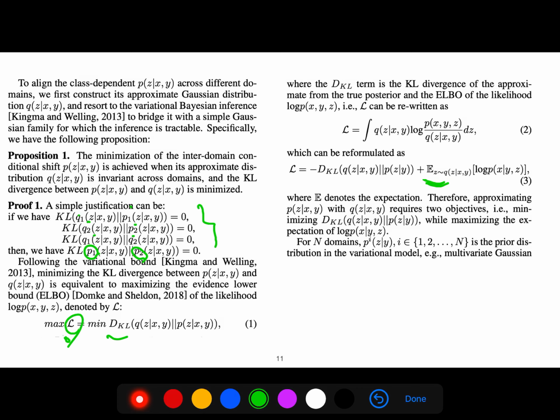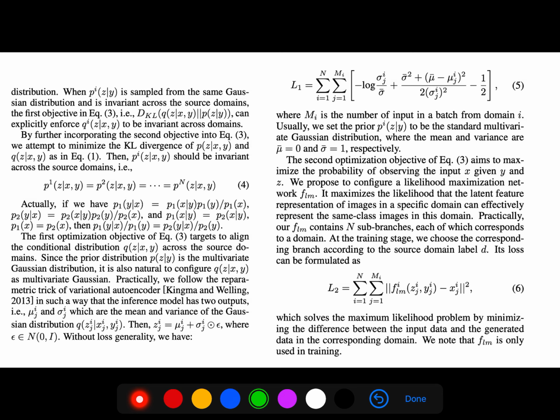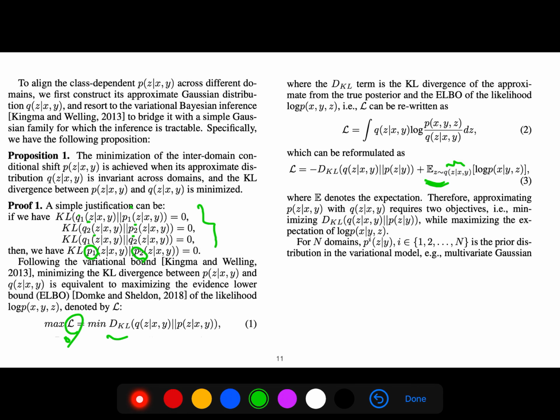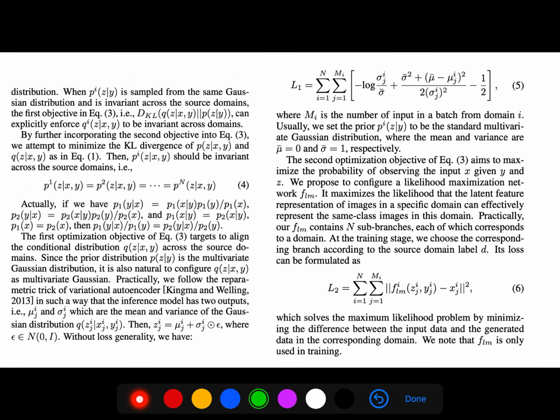This E is expectation, where Z is drawn from this distribution Q. So by further incorporating the second objective into this equation 3, we attempt to minimize the KL divergence of P and Q, and then P sub I should be invariant across source domains.